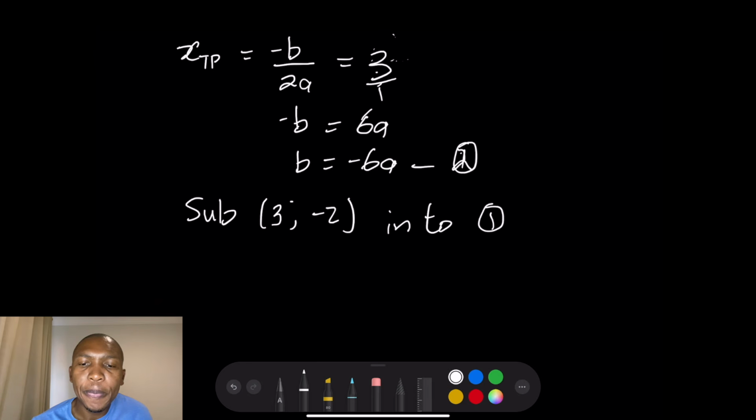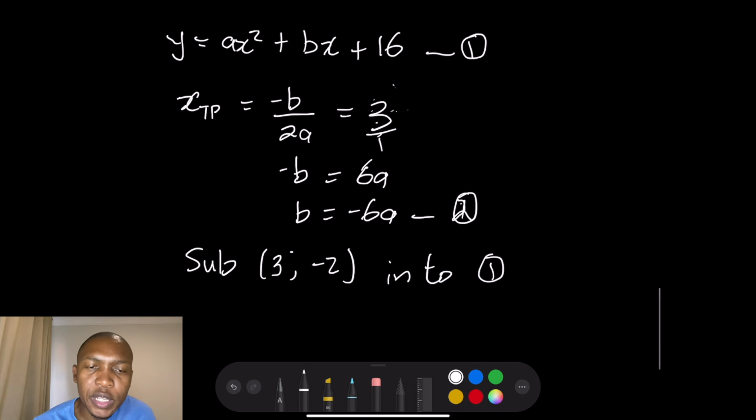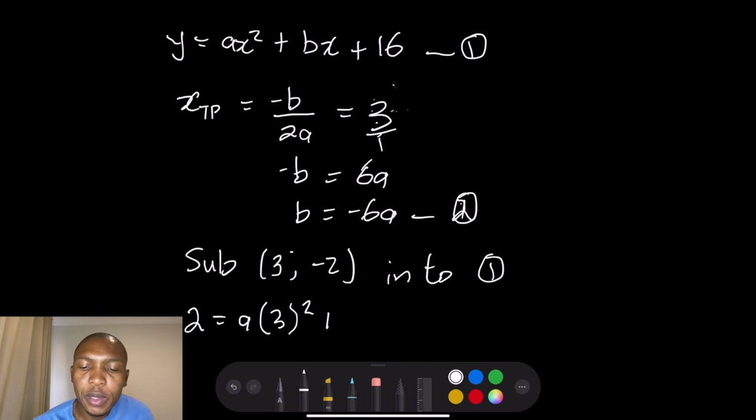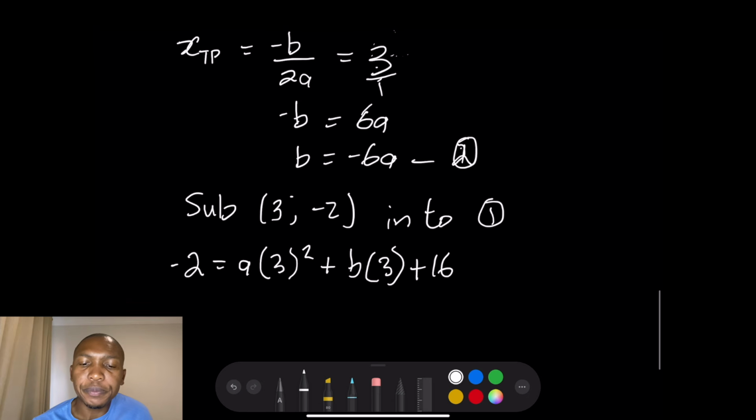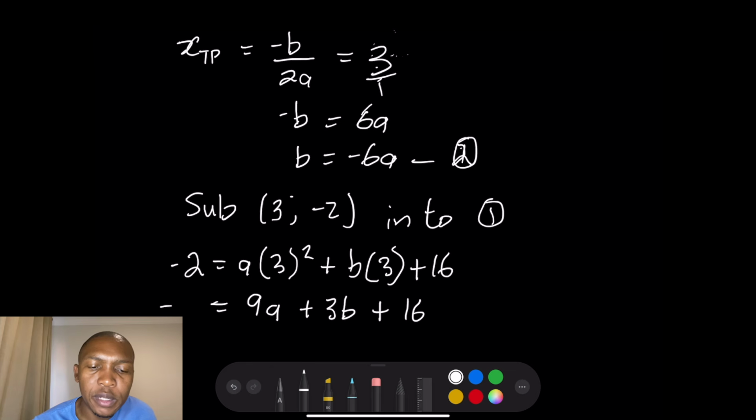That means we're going to take that equation, where y is minus 2, a times x is 3, so that's 3 squared, plus b times 3 plus 16. Of course, what we're going to do is try and simplify that. So that's going to be 9a plus 3b plus 16 is equal to negative 2.